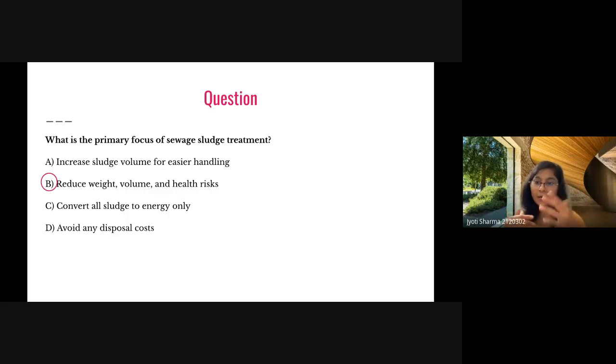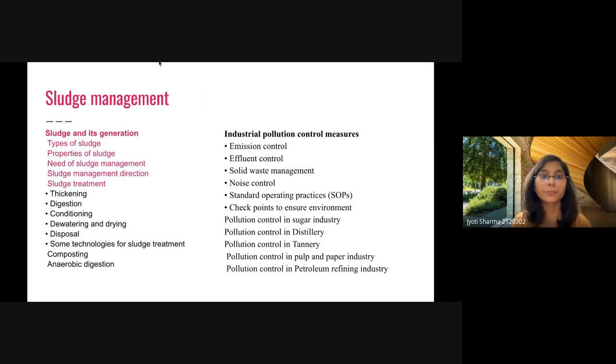As I told you, and you also gave me the response, sludge is a semi-solid slurry. It is neither liquid nor solid. This means it is very bulky, it has a high volume, and it can even give you health risk, because it may also have pathogens. So the main focus of sewage sludge treatment is to reduce its weight, its volume, and its health risk, right? So B is the right answer.